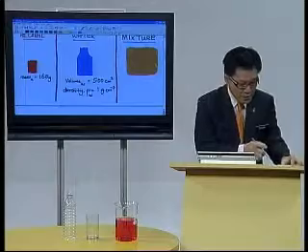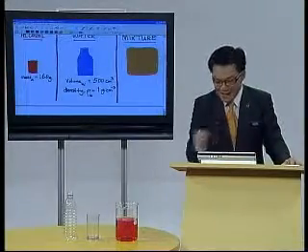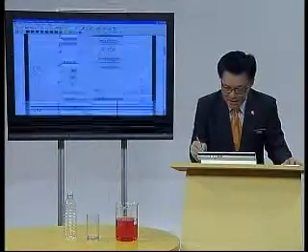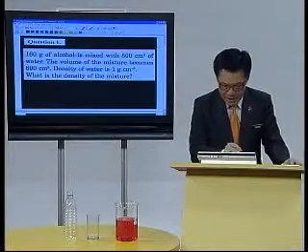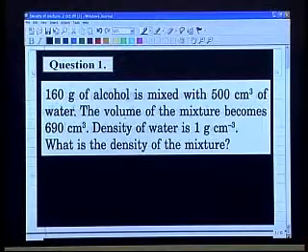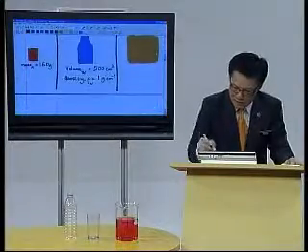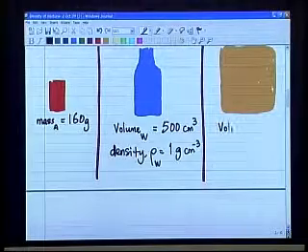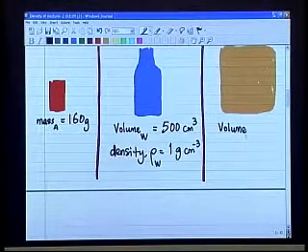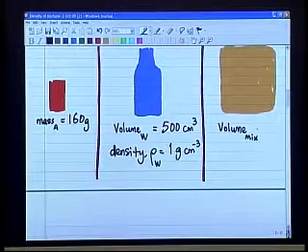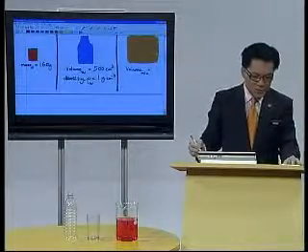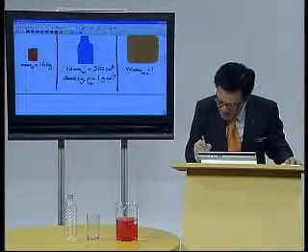Okay, what about the mixture? In the question, if you look at it, it says that the mixture has a volume of 690 cubic centimeters. So I write it down. Volume of the mixture. I put MIX. What is the value? 690.